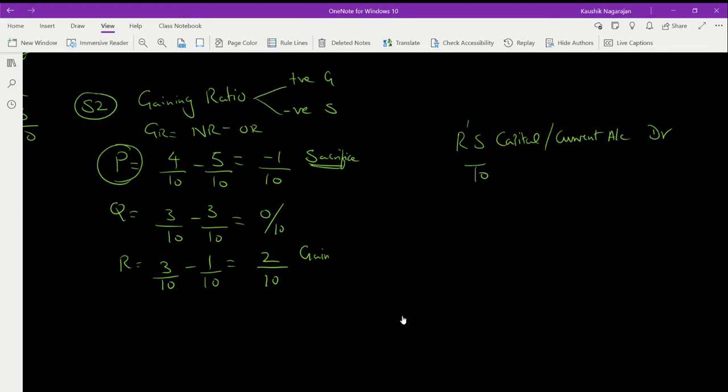The retiring partner in this case is S, so to S's capital or current account, followed by the sacrificing partner, to P's capital or current account.